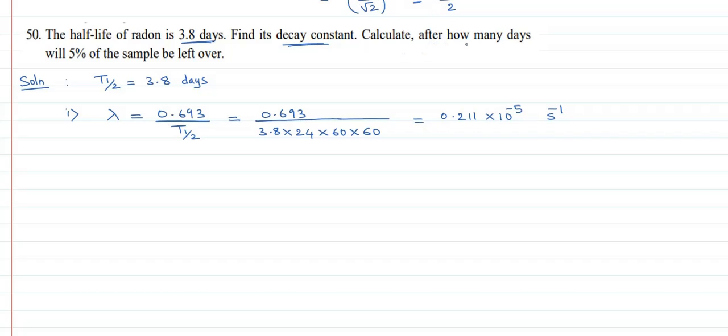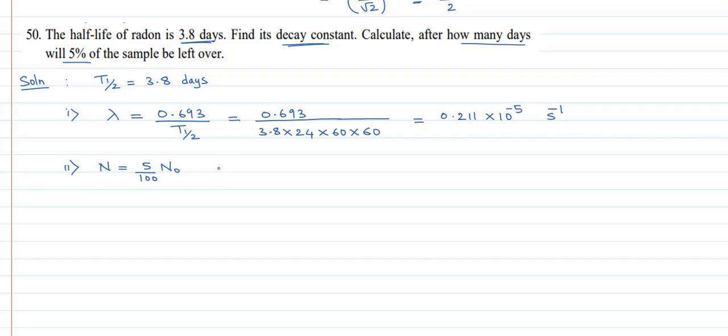Now in the second part, after how many days 5% of the sample is left, he has asked. So he has given n is equal to 5% of n naught, meaning 5 by 100 n naught.